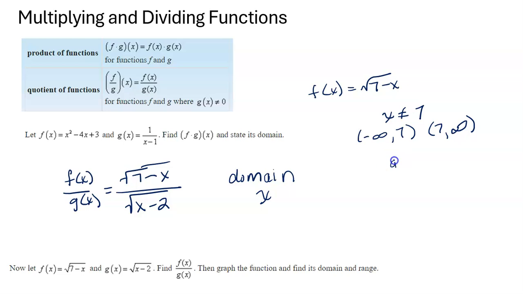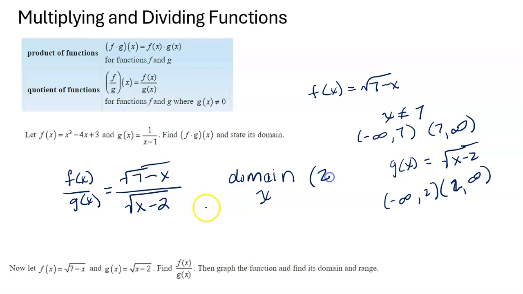Okay, and then for g of x, which is the square root of x minus 2, it cannot be 2, because we can't have 0. So same deal. So it's negative infinity to 2, and 2 to infinity. Okay, so my domain is actually 2, and it can't be 2, to 7, which it can be, all right?